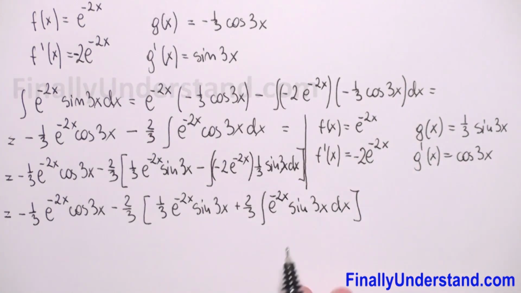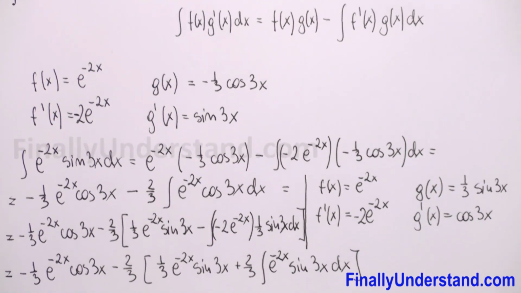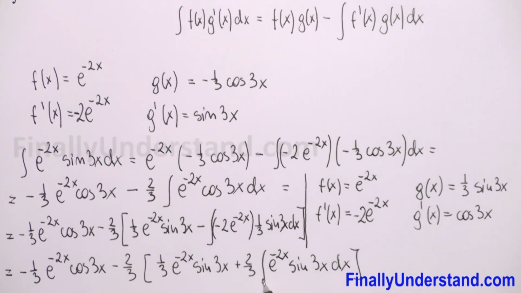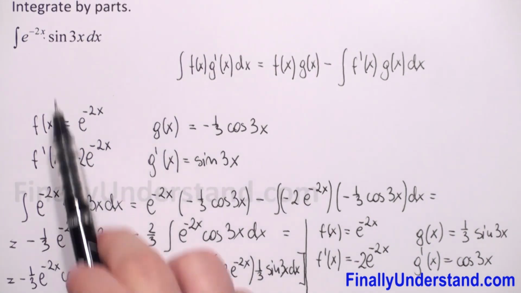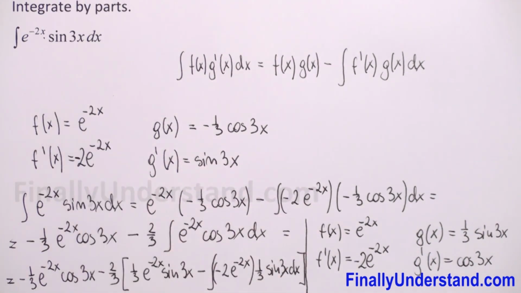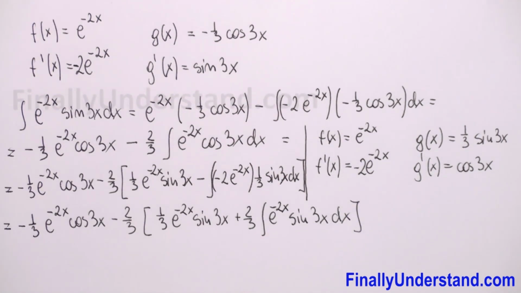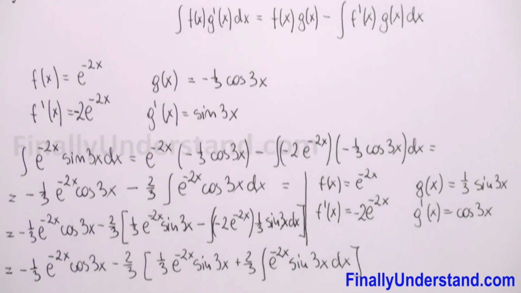We see that we got the same function which we had at the beginning. The integral of e to power negative 2x times sine of 3x, the same as we had at the beginning. So what do we do? First we just rewrite our function one more time.